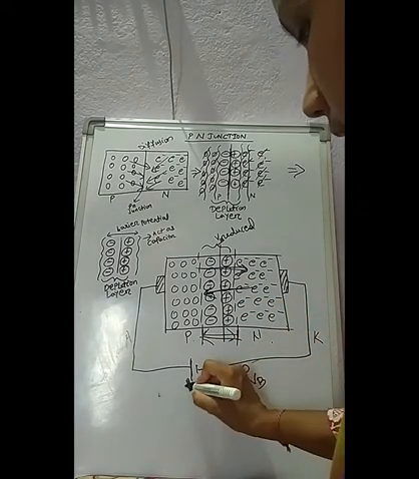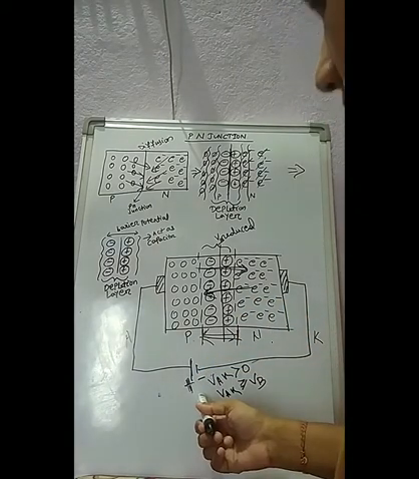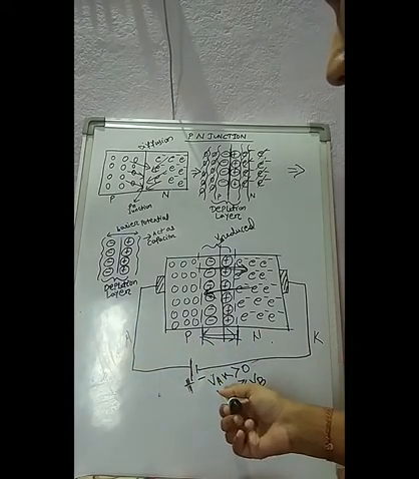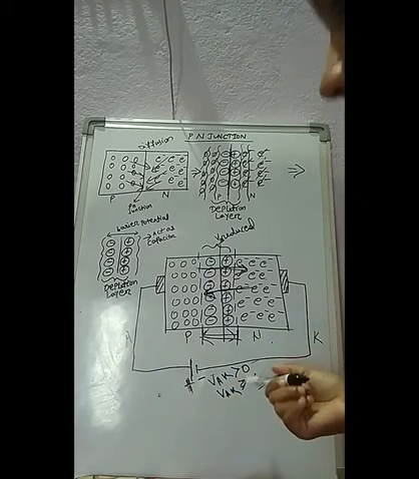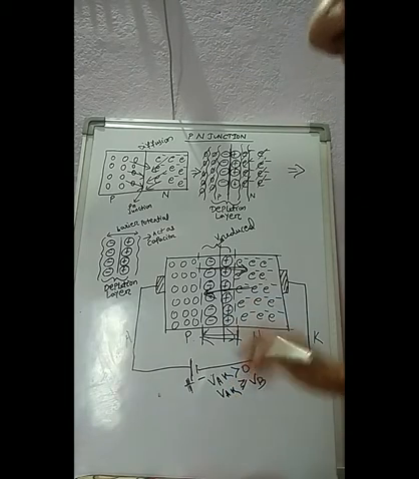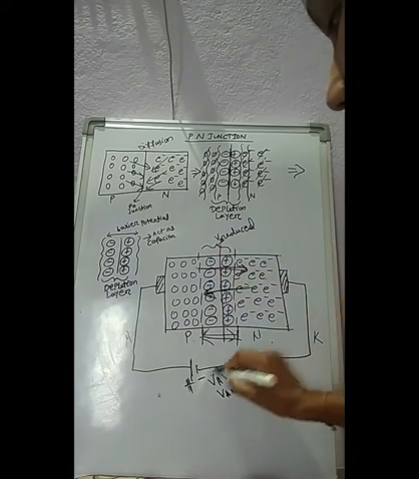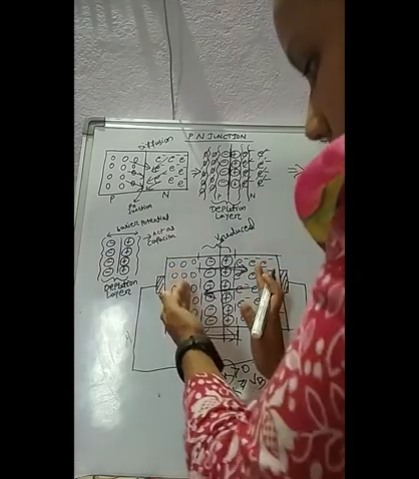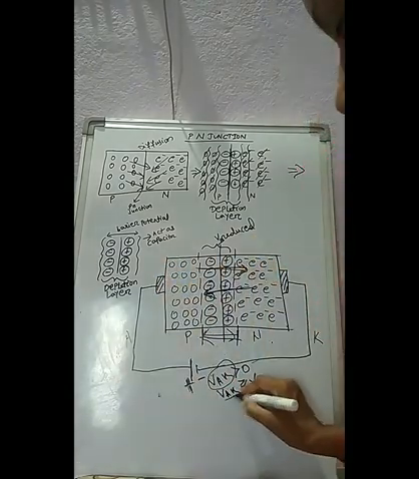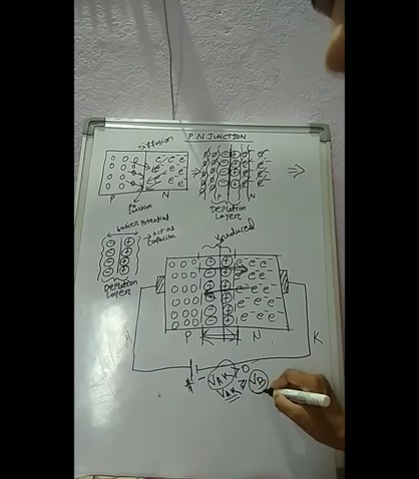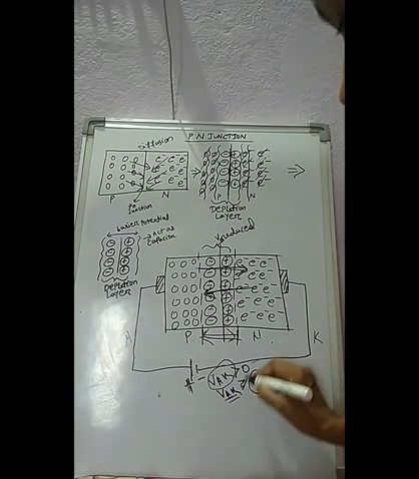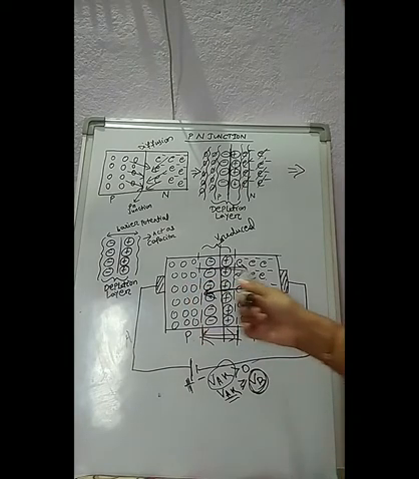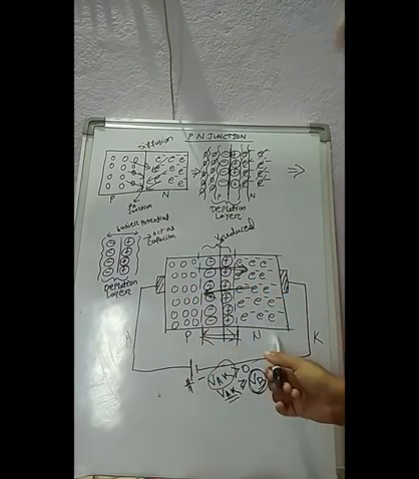So when we apply positive voltage across anode and cathode, that is when VAK is greater than 0, meaning we increase the value of VAK from 0 to a higher level, it will reduce this depletion layer. That means when VAK is equal to the barrier potential or greater than the barrier potential, then the conduction will start again between P and N layer.